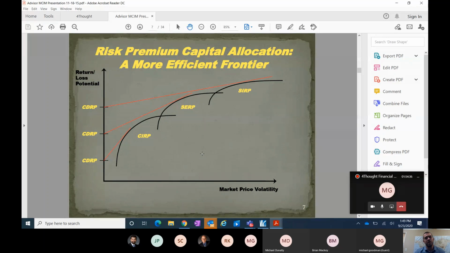Now, what we've identified in addition to those, though, are two additional risk premiums. We have what's called the cyclical inefficiency risk premium and the structural or secular inefficiency risk premium. All right, the cyclical inefficiency risk premium is the returns you can extract from the marketplace by trying to take advantage of market cycles and changes in the market, right, on an active management basis, by tactically manipulating the portfolio and actually changing your asset allocation, right?